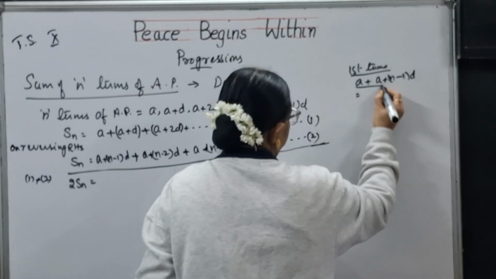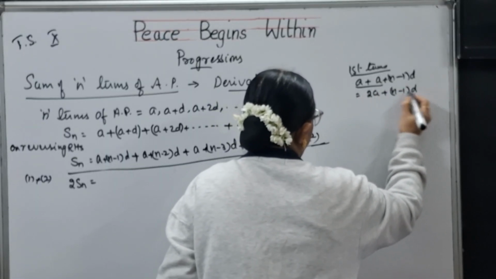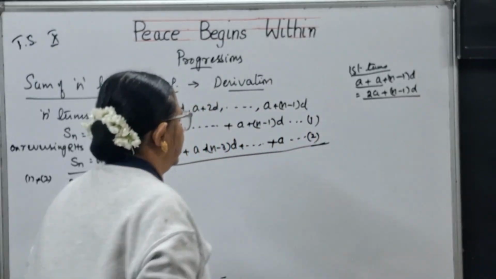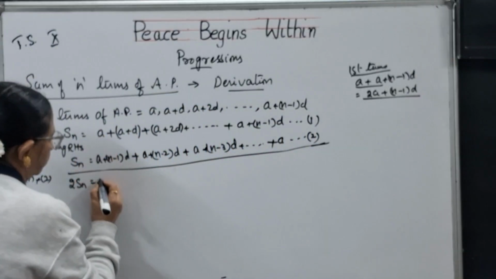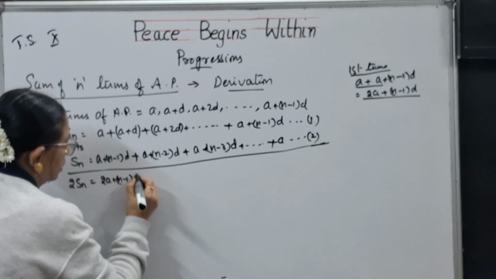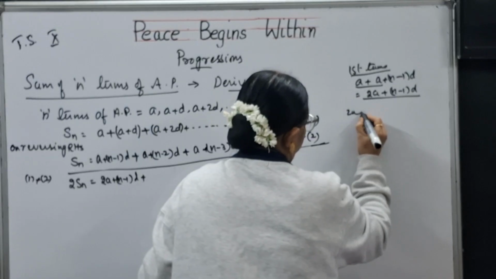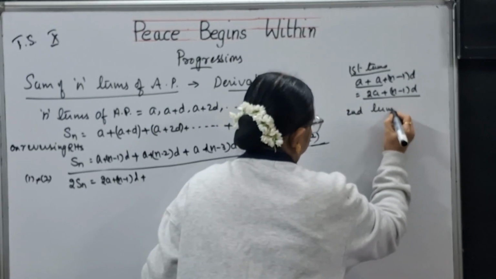That means, these two give 2a plus n minus 1 into d. So when I add first terms, I am getting 2a plus n minus 1 into d.